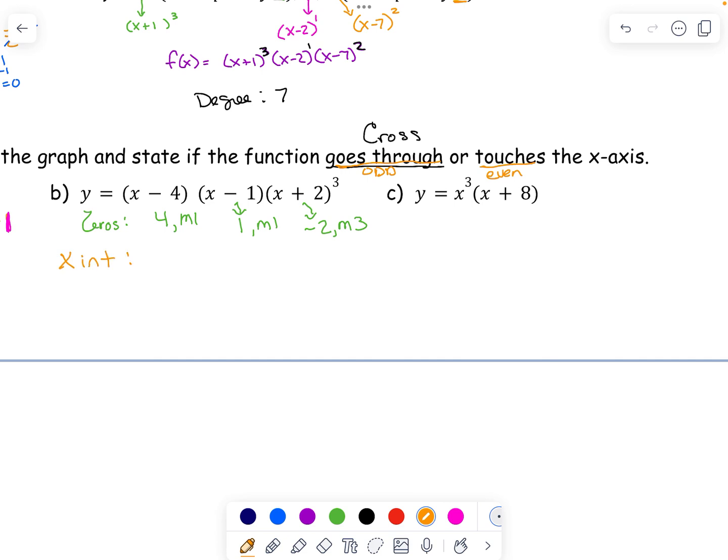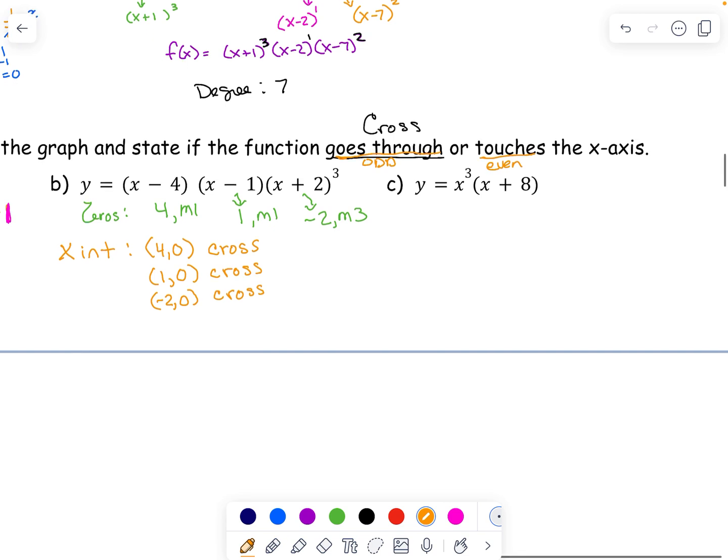The 4 is going to be (4, 0), and it's multiplicity 1, so it's going to cross. The 1 is going to have x-intercept (1, 0). Remember, x-intercepts and y-intercepts have to be points, and the multiplicity is 1, so that's odd, so it'll cross. And then the 0, -2 is going to be the x-intercept (-2, 0), and that has multiplicity 3, which is odd, so it will cross the x-axis.